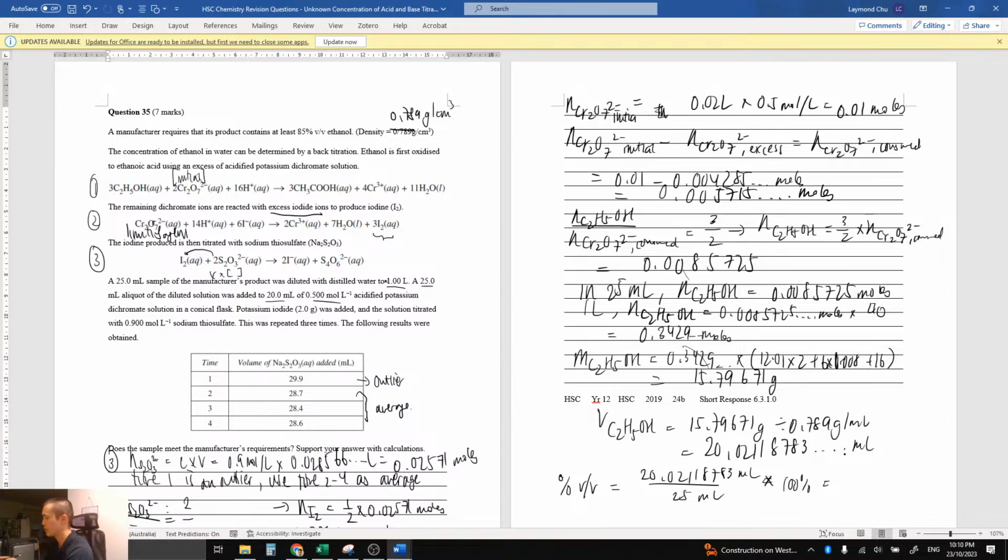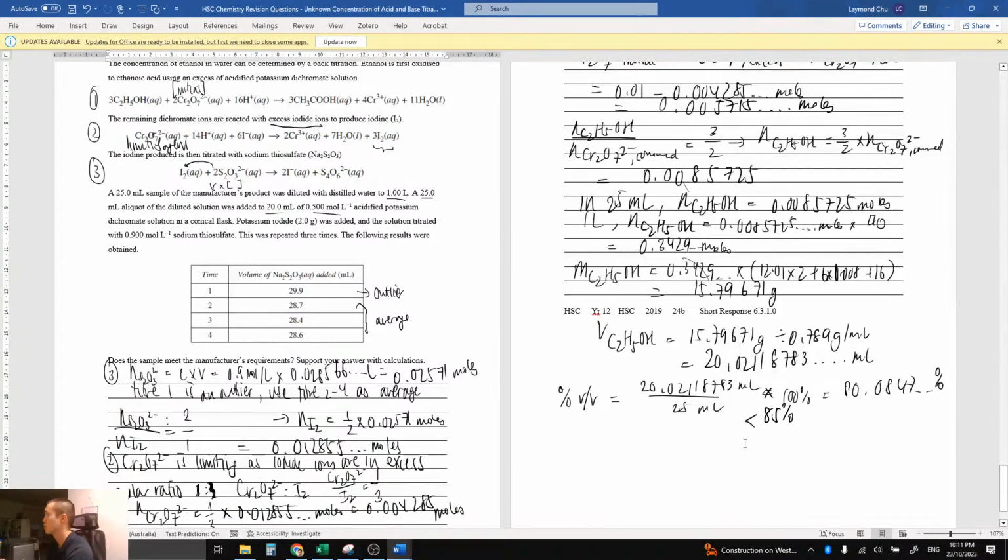Which is 80.0847, which is less than 85%. So therefore, the sample does not meet the requirements.